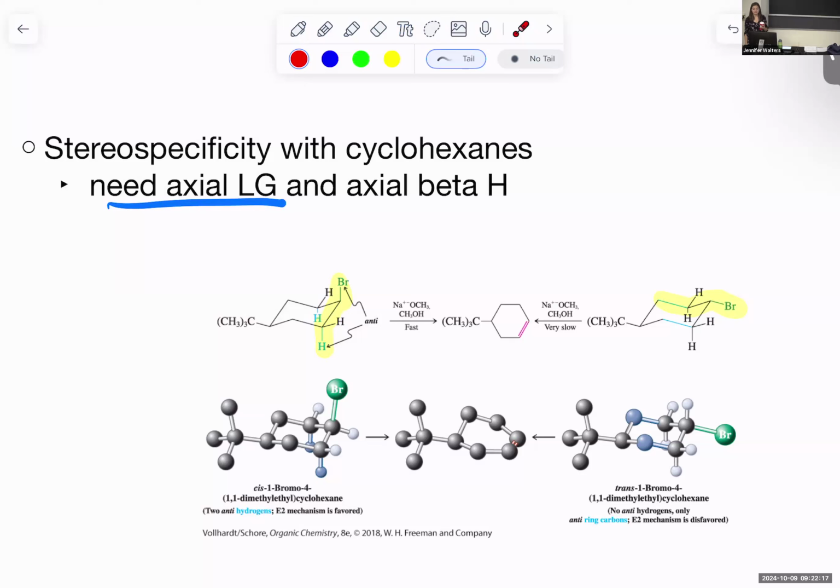What's different? That bromine is axial versus equatorial, right? What about that tert-butyl? Does it move? No, so it stays the same. Okay, so I see a cis and a trans. So what is the relationship going to be if you have cis and trans? Geometric isomers. Yes, they're geometric isomers.